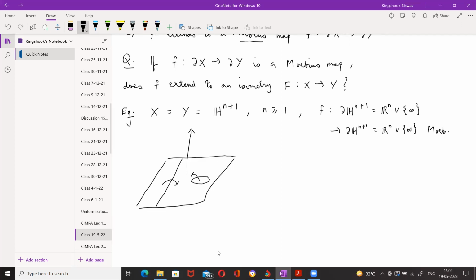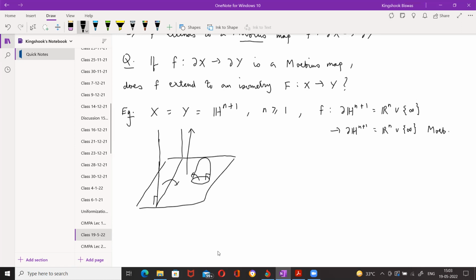Well, what I can do is any hyperplane in the boundary, I can extend it to a hyperplane which is perpendicular to the boundary of the upper half space, right? And any sphere, I can extend to a sphere which is perpendicular to the boundary.